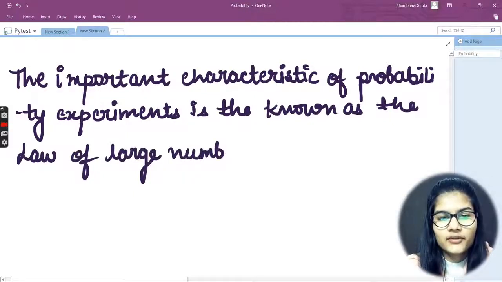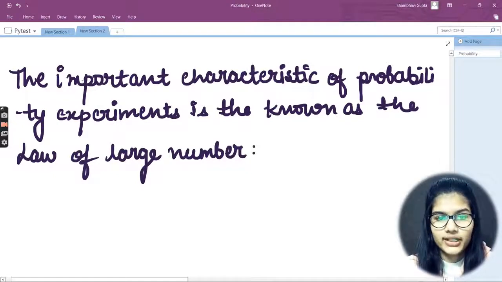Now, what this law of large numbers is about, I'll be talking about right here.